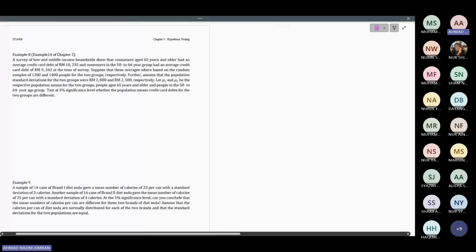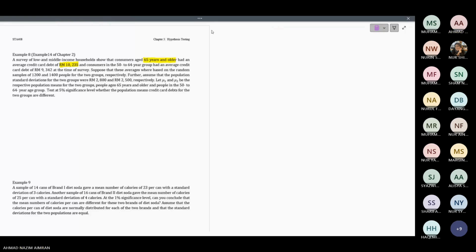Now, let's read together. A survey of low and middle income households shows that consumers aged 65 years old and older had an average credit card debt of 10,235 ringgit. So our X bar 1 is equal to RM 10,235.